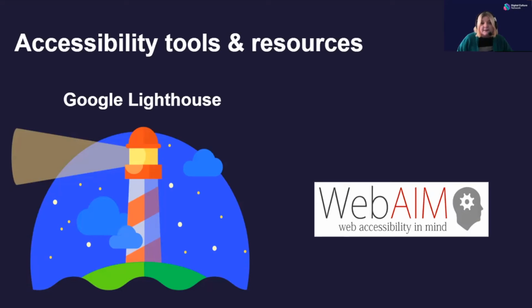But Google Lighthouse will do a quick automated check of the page, generate a report, and it'll detail everything about what's gone wrong and how you can fix it, or any mistakes it might have spotted. And you can send that report to your web developer, or even try and tackle some of those simpler fixes yourself.